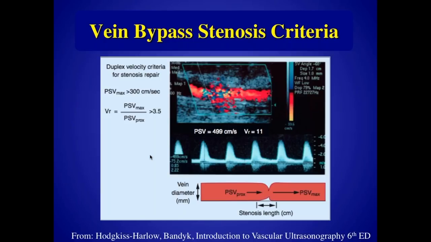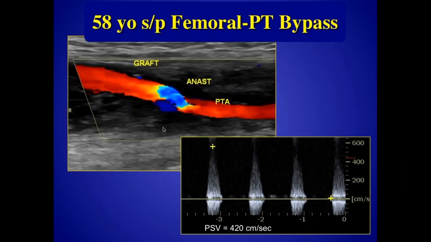Dr. Dennis Bandyk has been a pioneer in the field, and he's come up with the criteria looking for a significant stenosis in a bypass graft when the peak systolic velocity is greater than 300 centimeters per second, or we have a velocity ratio. Again, the peak systolic velocity in the stenosis compared to the peak systolic velocity in the proximal segment greater than 3.5. These are consistent with a significant bypass stenosis.